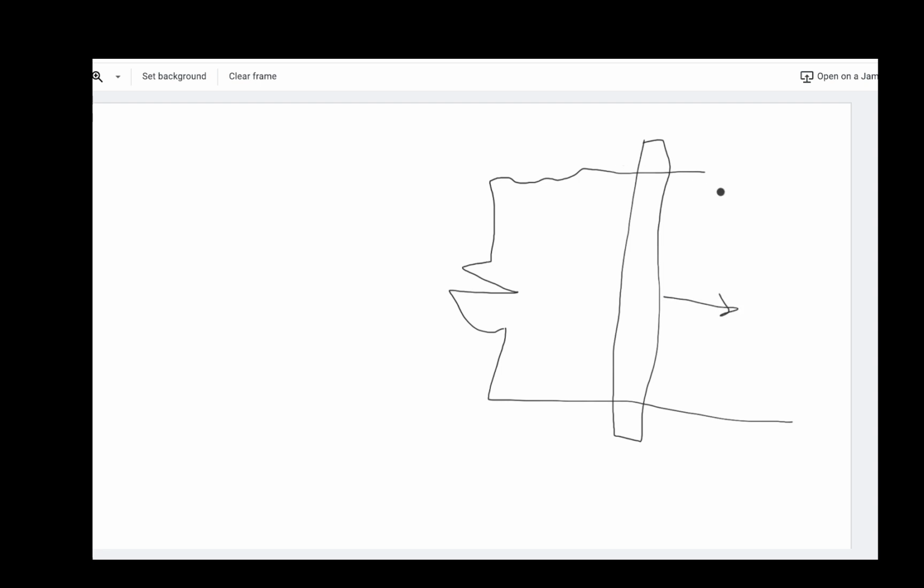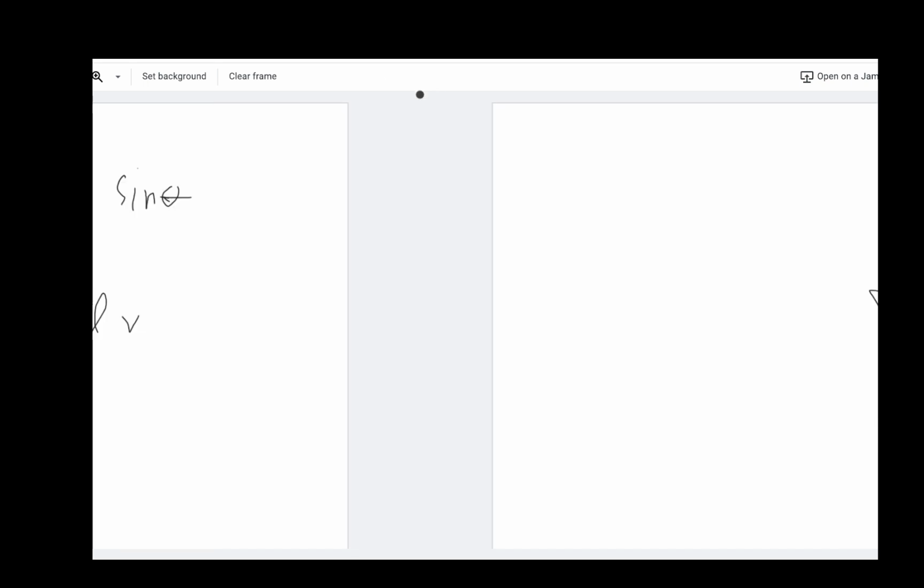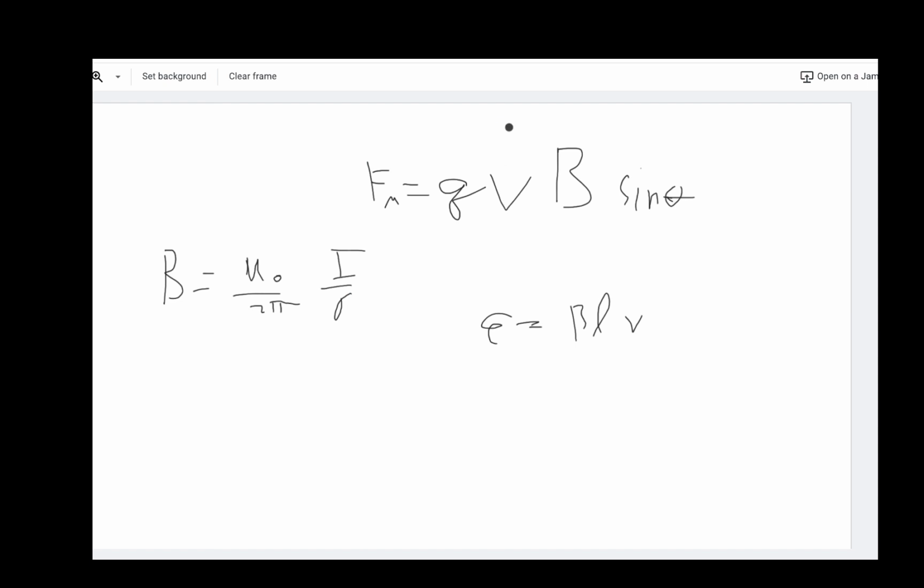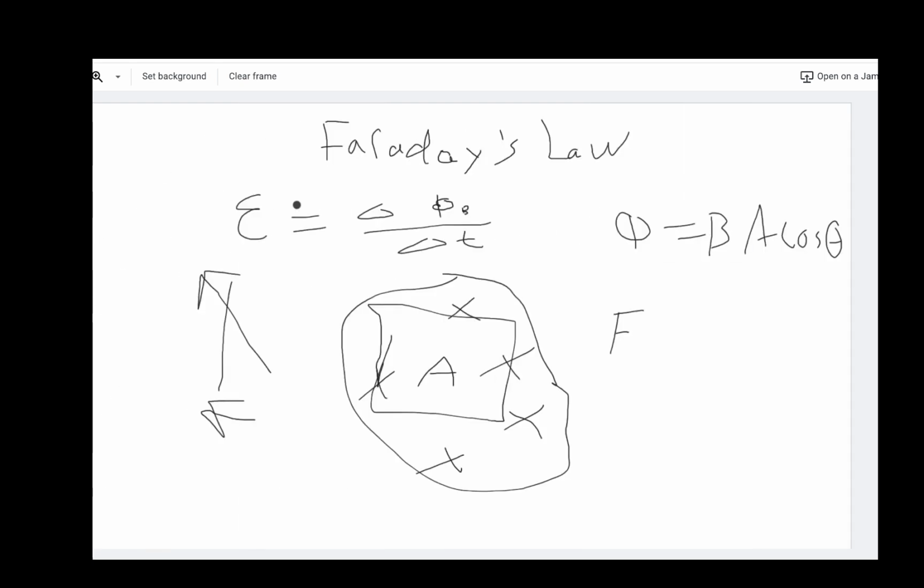If it moves and there's a current, there's going to be a magnetic field. This is really just, if you want to think about it, the opposite of Faraday's law, where now you're changing a current, so you have an electromotive force. That means there must be a change in the magnetic field, which means there must be a magnetic field if there is to be a change in it.